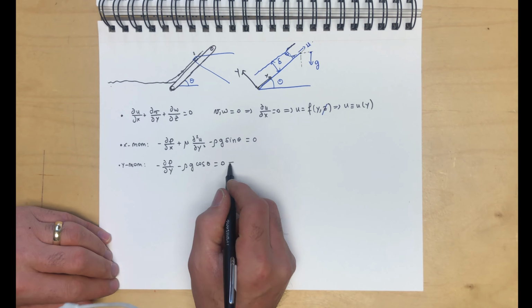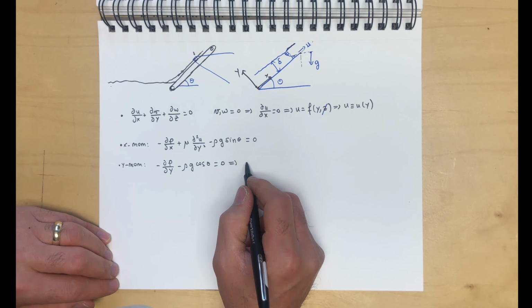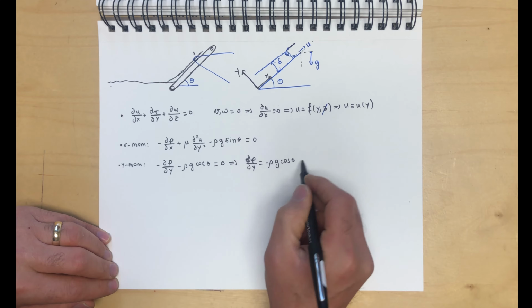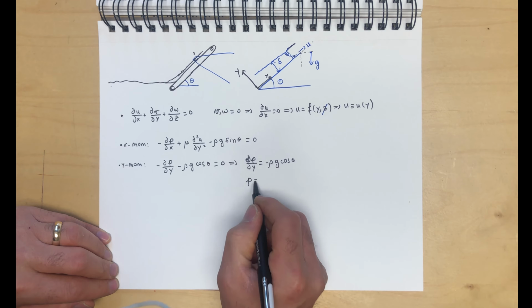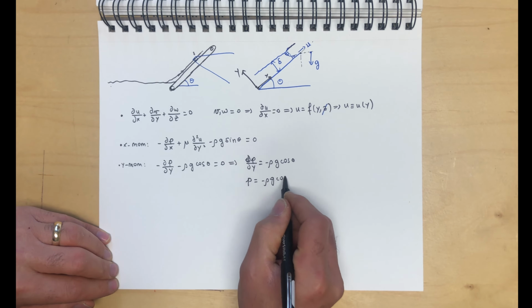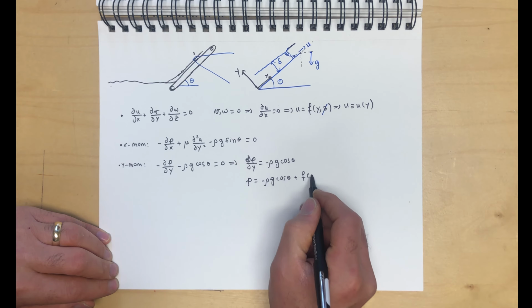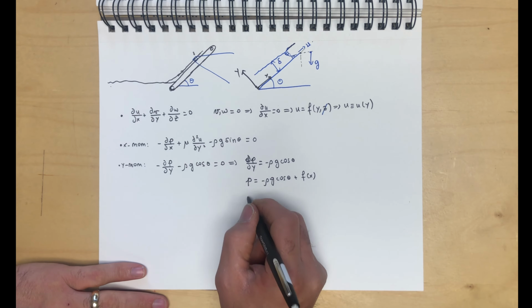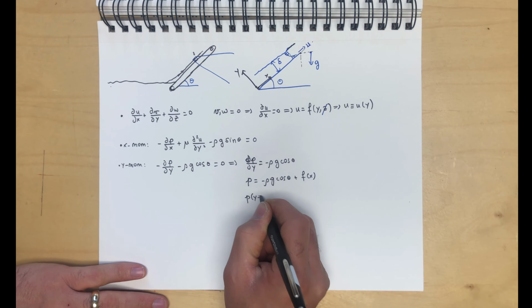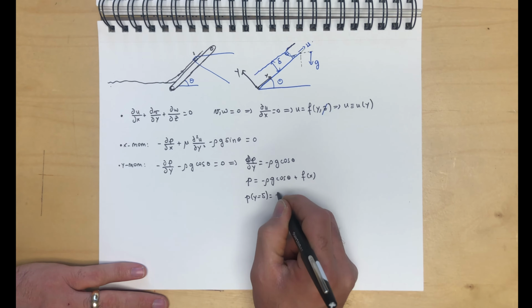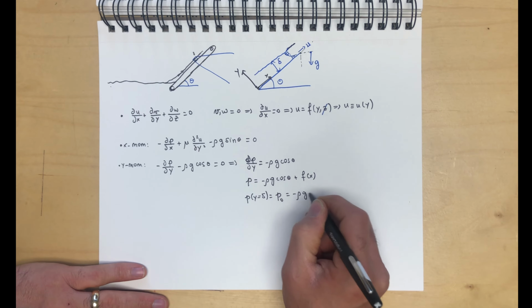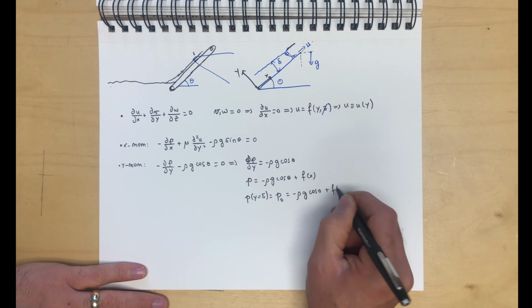Now from this equation we can integrate for the pressure, and so dp/dy equals minus rho g cosine theta. Therefore p is equal to minus rho g cosine theta times y plus some function of x. Now ask yourself this: p at y equals delta is equal to p atmospheric, which is a constant, and that's equal to minus rho g cosine theta delta plus f of x.